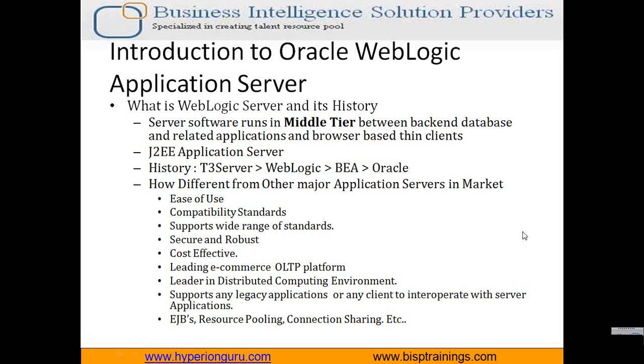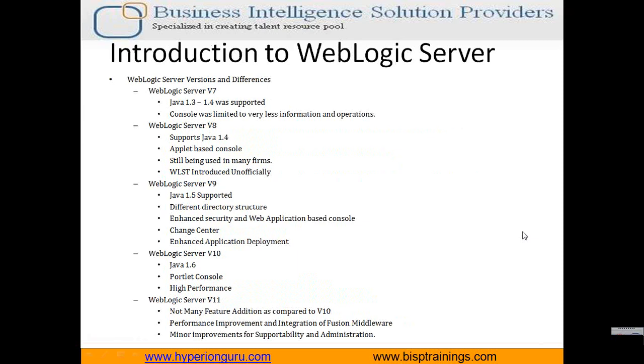The next thing we'll be looking at is the introduction to WebLogic server, what exactly it is and how it was before and how it is now. Oracle WebLogic server came into real existence from WebLogic server 7.